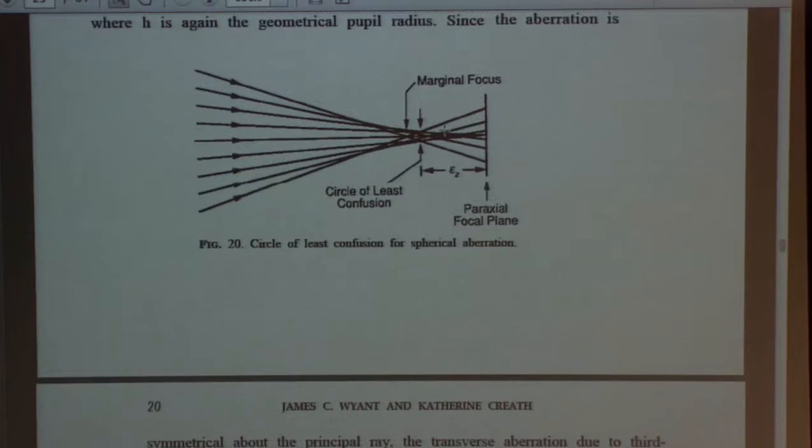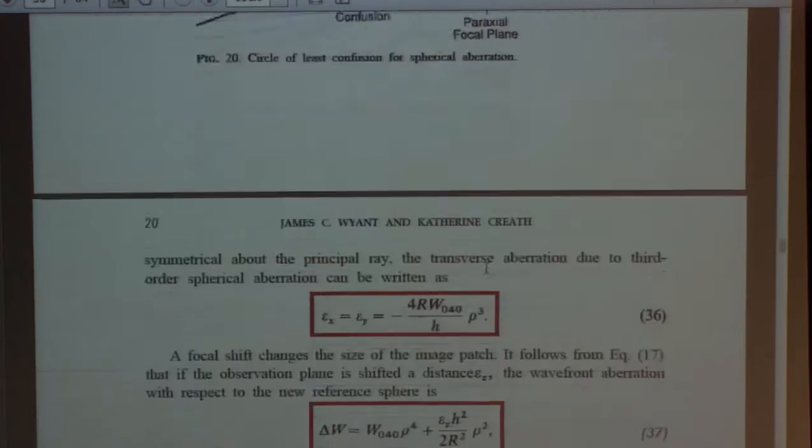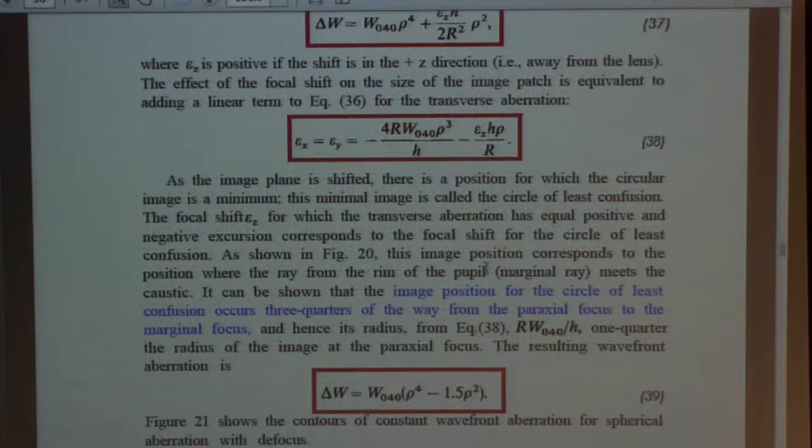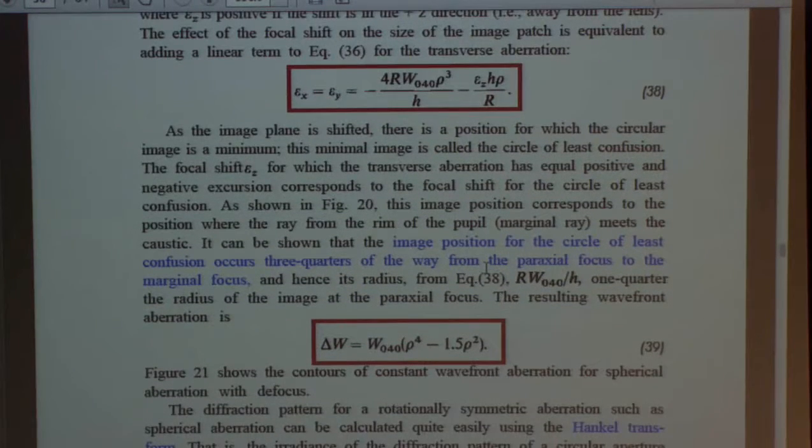And so what you can show without too much work is that if this is the marginal focus, this is the paraxial focus, this minimum least confusion is 3/4 of this distance. And so if that's true, its radius then is 1/4 of the radius at paraxial focus.